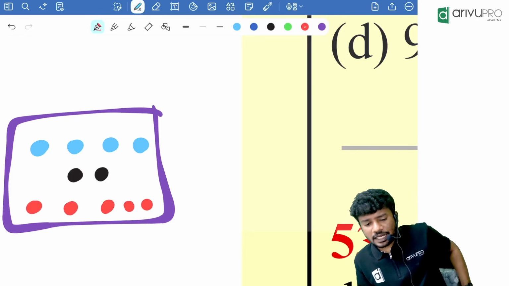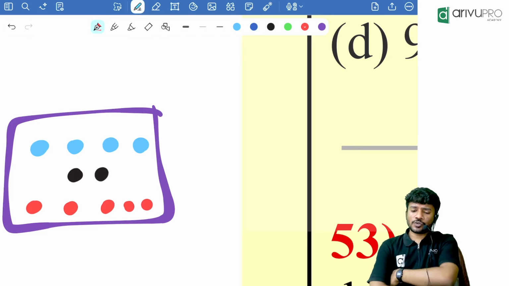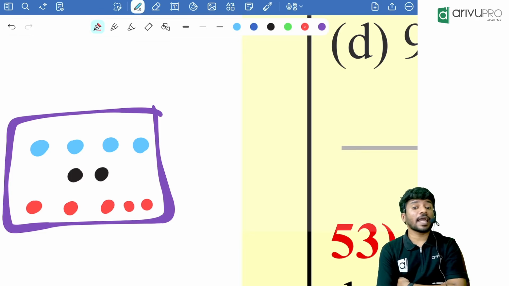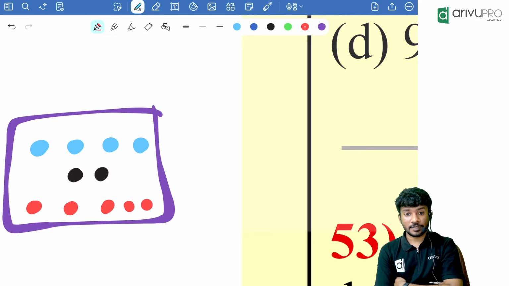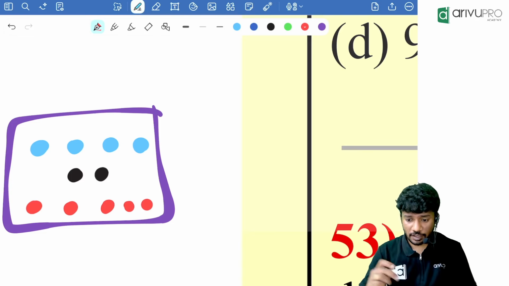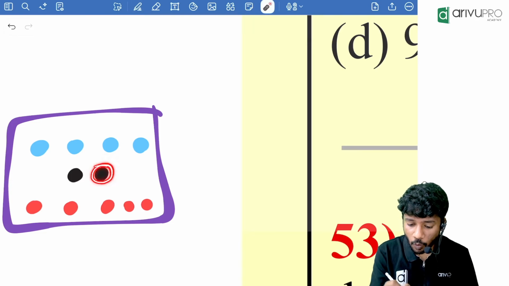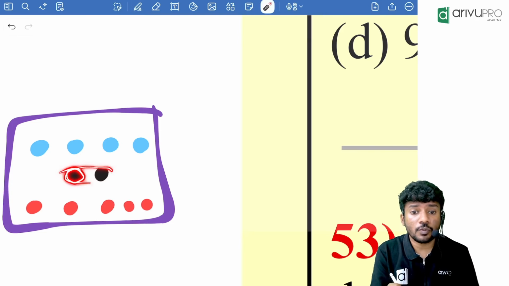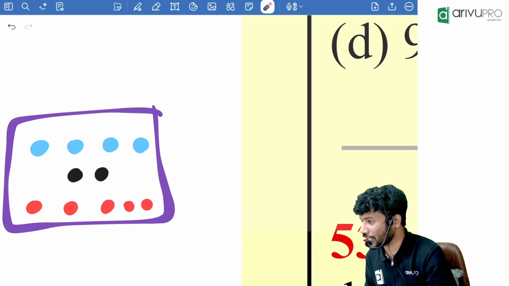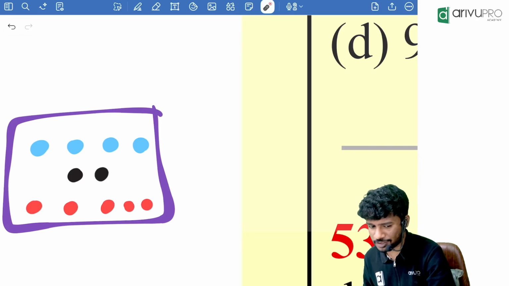They are telling I should choose at least one black ball. At least one black ball means what? I should choose either one black ball or both the black balls. That is the 2 cases.